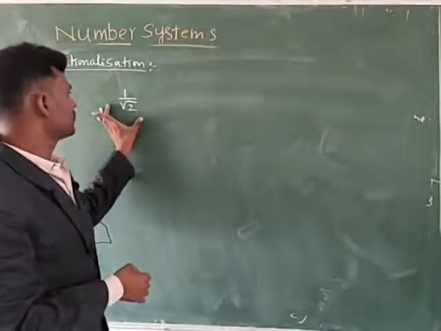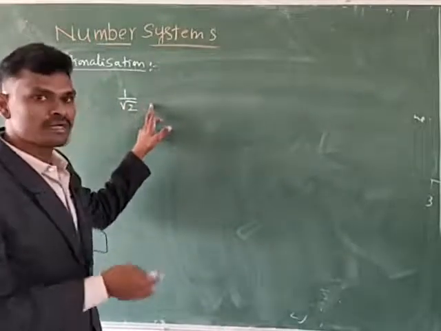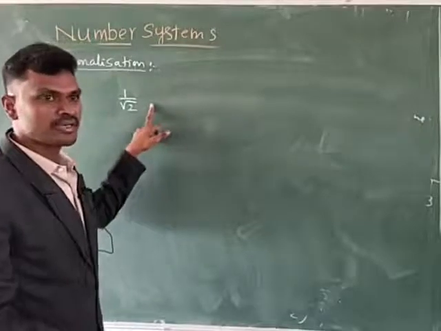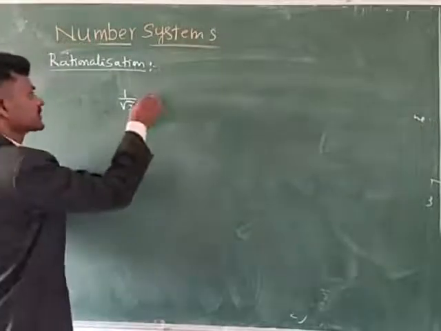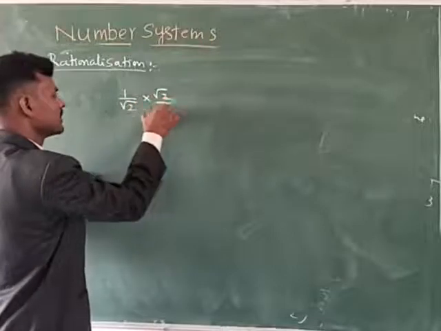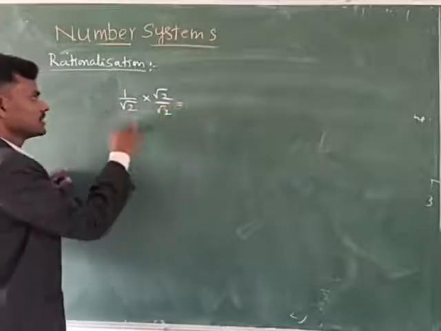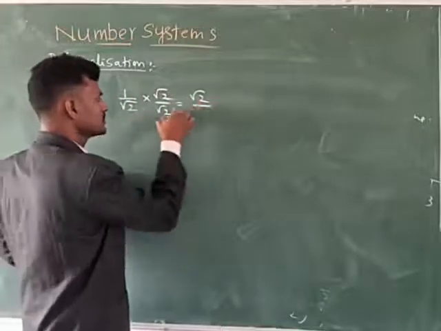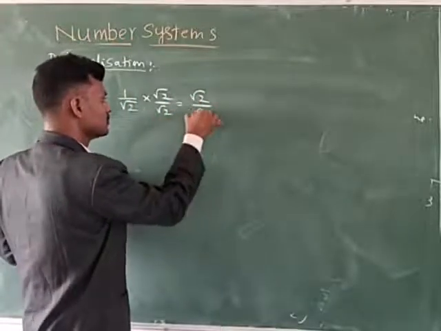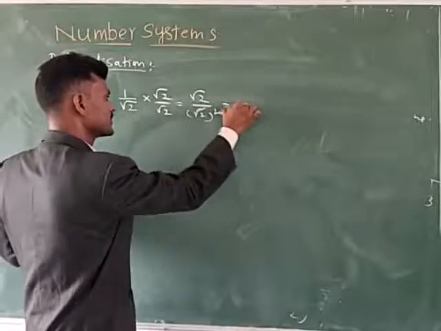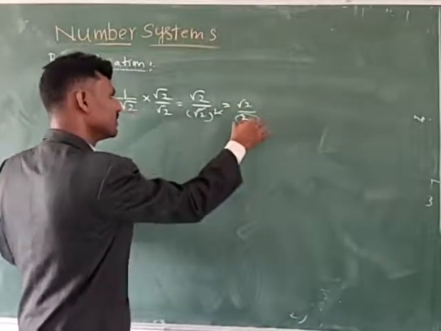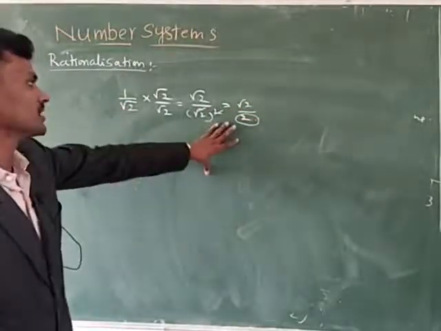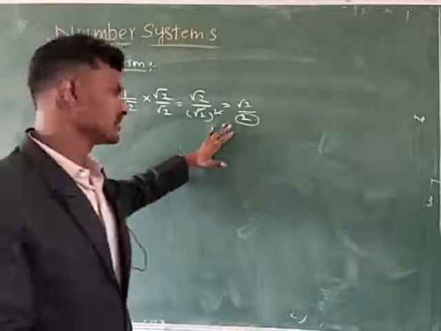Which number we have to multiply so that the denominator becomes a rational number is called the rationalizing factor. Here you multiply and divide by root 2, then root 2 into 1 is root 2, and in the denominator root 2 into root 2 is whole square, the roots cancel, so it is root 2 by 2. The denominator becomes a rational number, that is rationalization of the denominator.